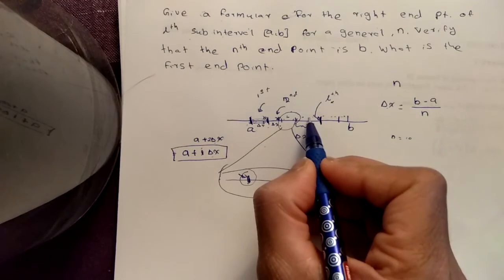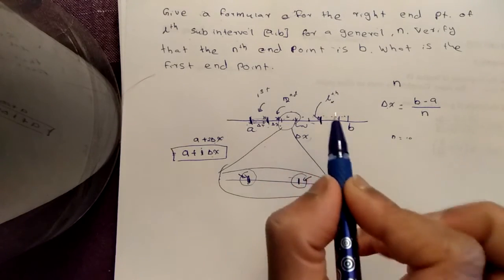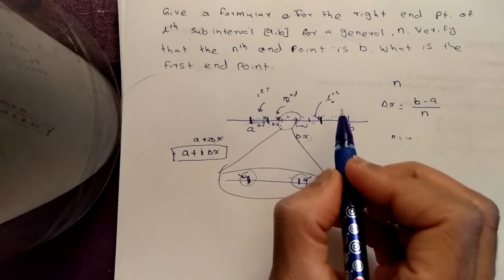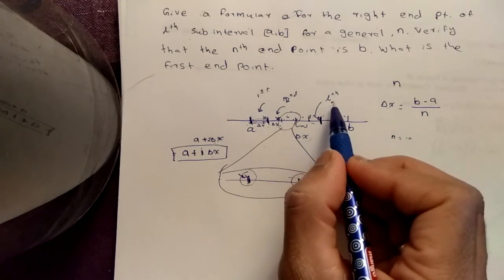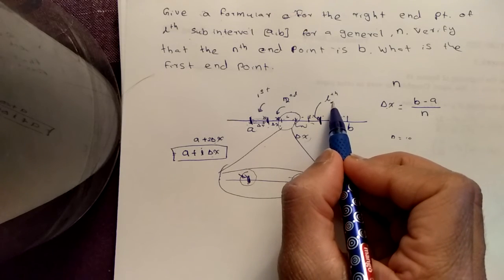Now how about the left endpoint? How much distance do we have to travel to reach the left endpoint of the ith subinterval?